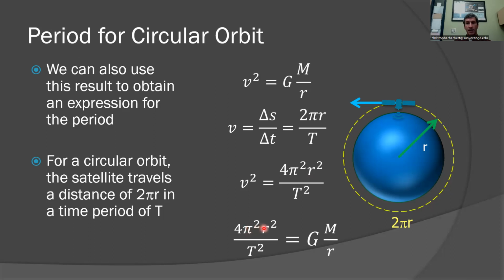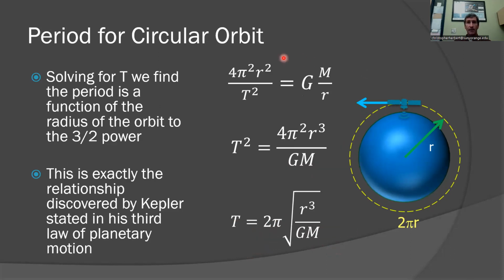And here I see a relationship between the radius of the orbit and the period of the orbit. In fact, if I multiply both sides by r, and divide both sides by T squared, I get a very interesting relationship where the period squared is proportional to the radius of the orbit to the third power.